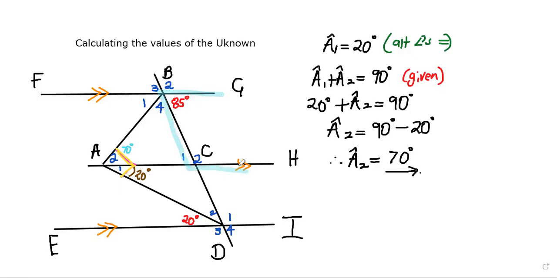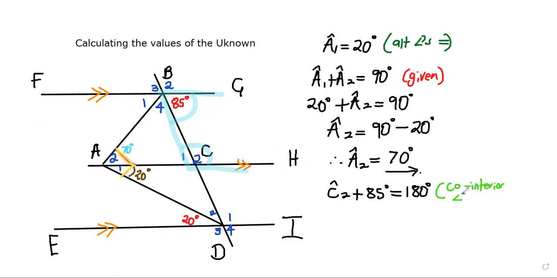When these two are parallel lines, we know that when we add 85 plus angle C2, it must give us 180 degrees. That will be co-interior angles supplementary. So I'm just going to say angle C2 plus 85 degrees is equal to 180 degrees. Why am I saying that? So these are co-interior angles supplementary.